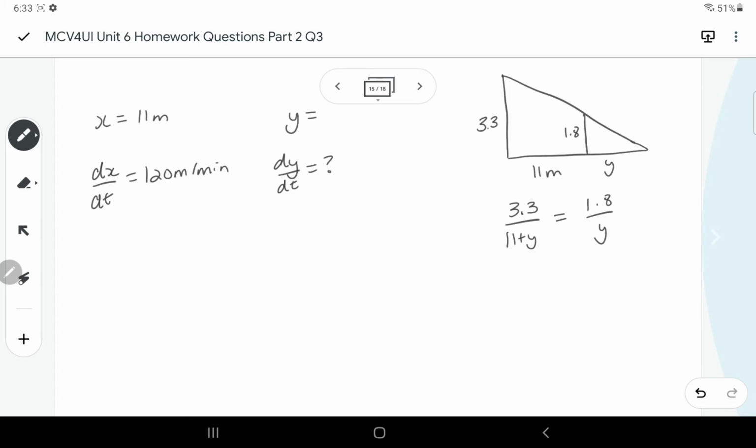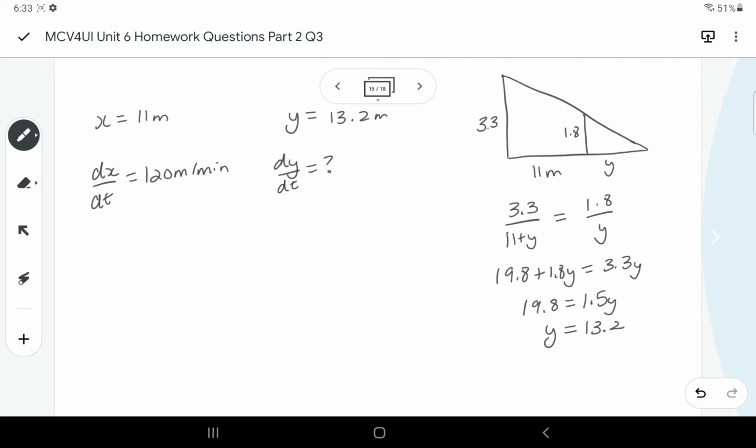If I cross multiply here, I get 19.8 plus 1.8y equals 3.3y, bringing the 1.8y over and subtracting it from the 3.3. I get 19.8 equals 1.5y. And dividing out the 1.5, the y would be 13.2. So that's how long the shadow would be at that time, 5 seconds after he started walking.